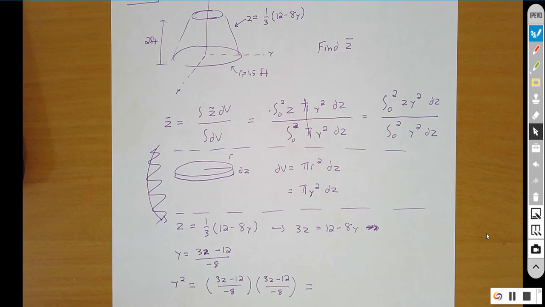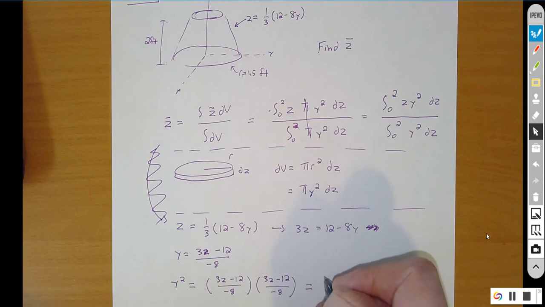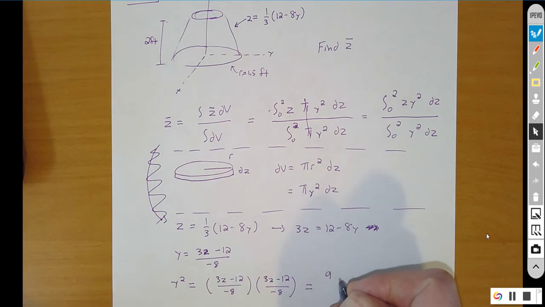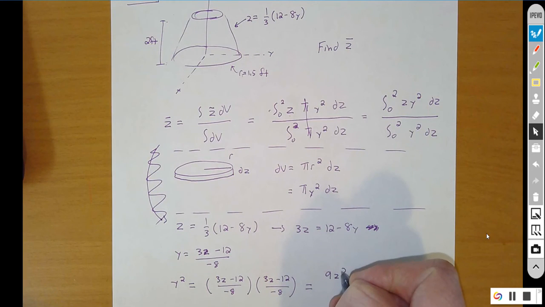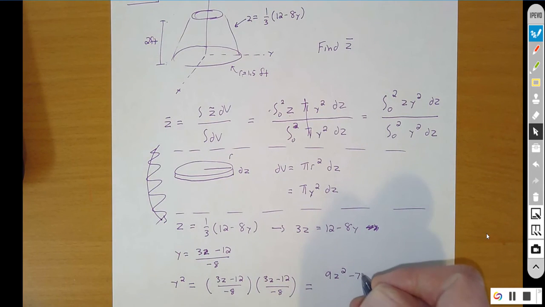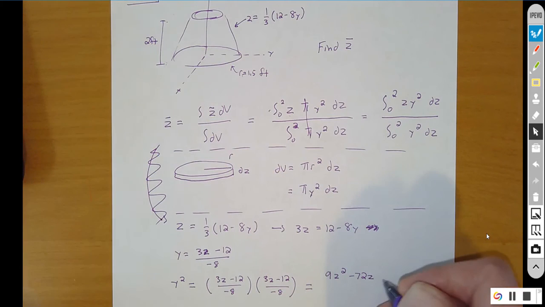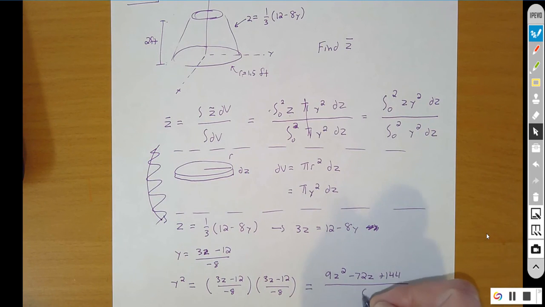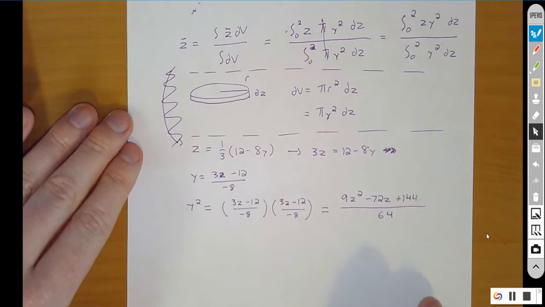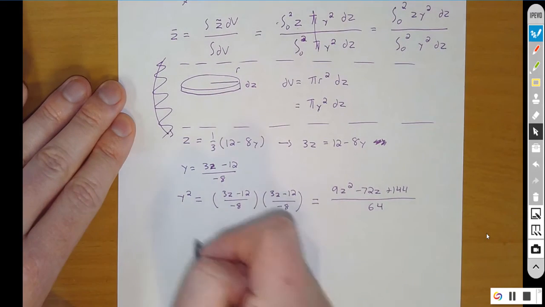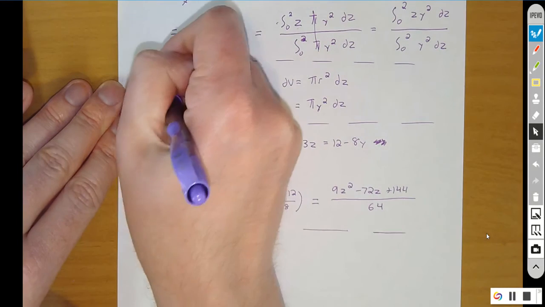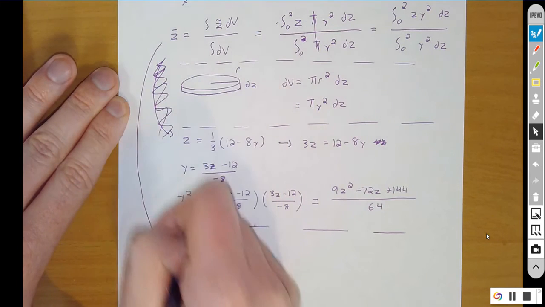You're going to find that that is 9z squared minus 72z plus 144, all over 64. All right. Sorry about that, I jumped the gun on that. Let's bring this equation back down.